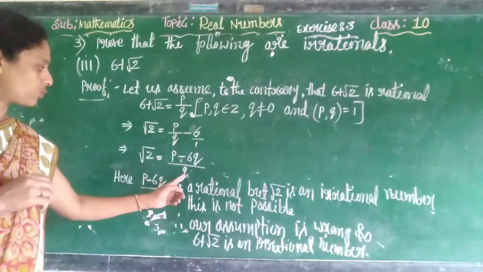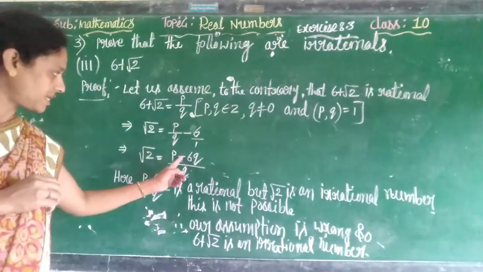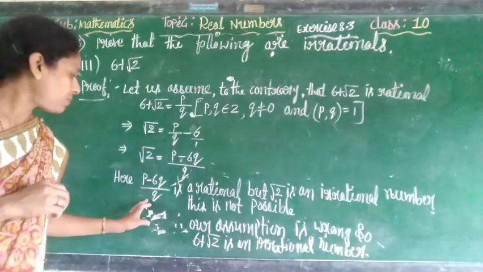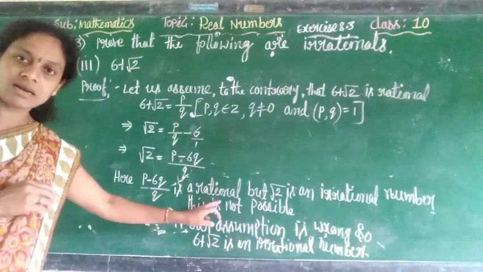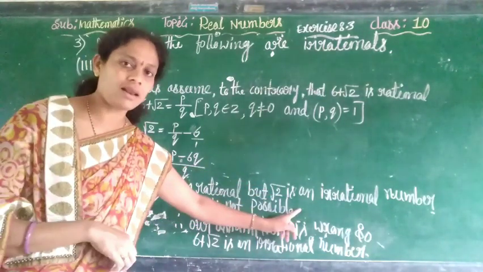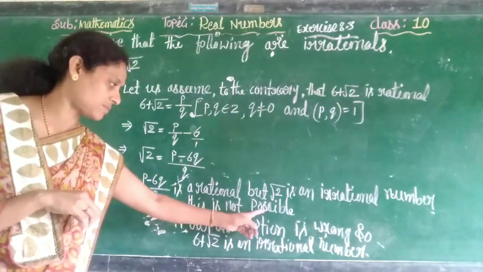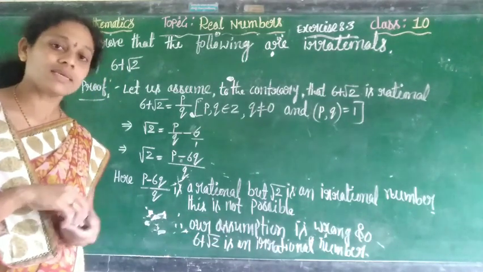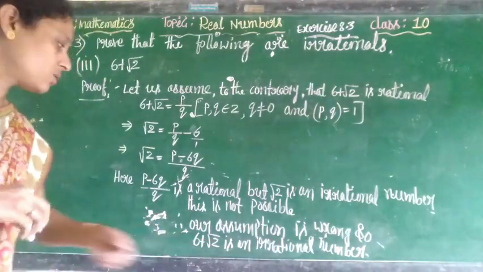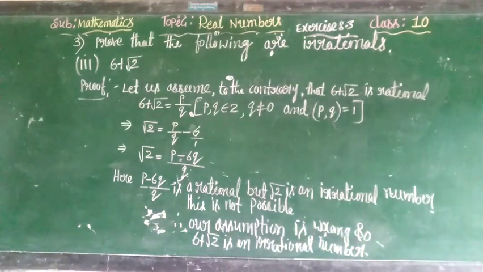Root 2 is equal to, q cancels, the remaining number is p minus q into 6, 6q. Here, p minus 6q is a rational number, but root 2 is an irrational number. So, this is not possible. Therefore, our assumption is wrong. So, 6 plus root 2 is an irrational number.